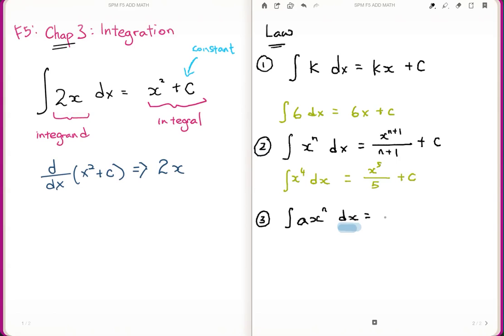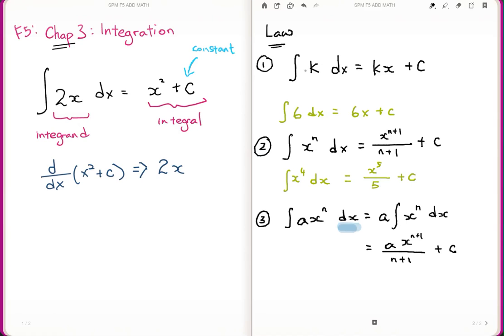So here, you may rewrite it as a times the integral of x to the power n dx. And therefore, that would be a x to the power n plus 1 over n plus 1, plus c. This is a combination of 1 and 2.